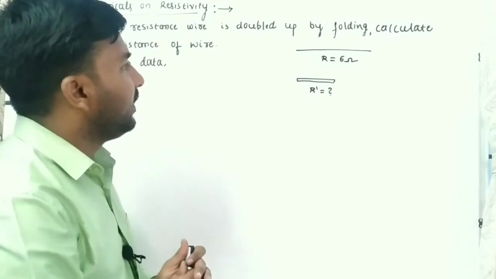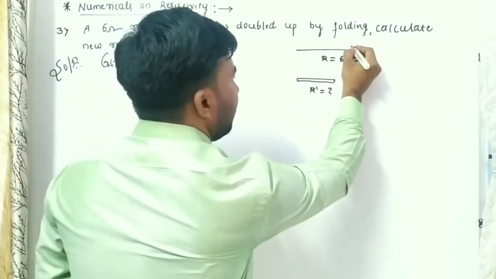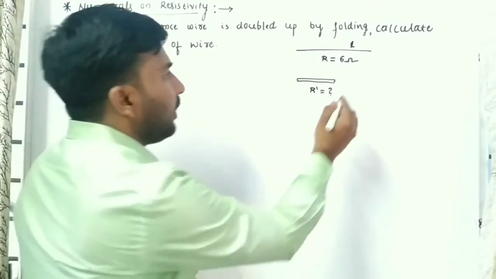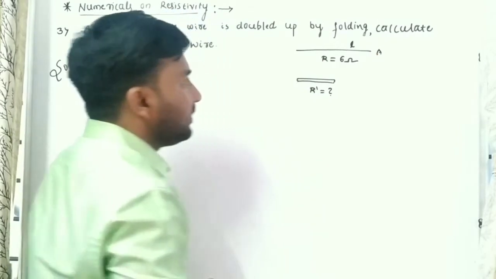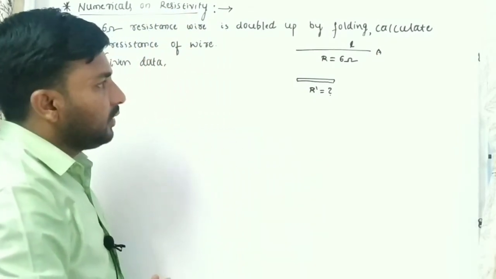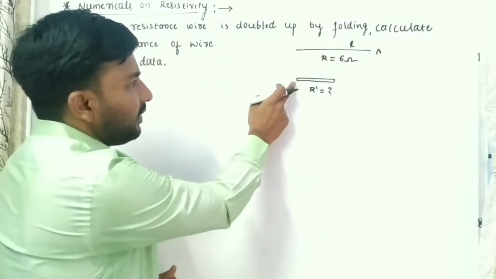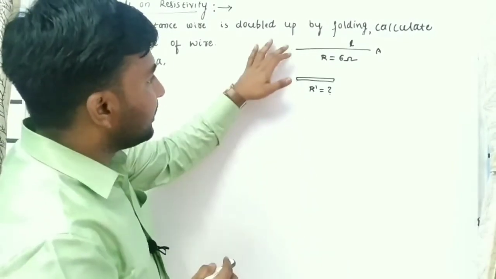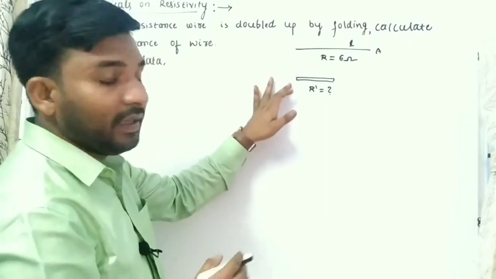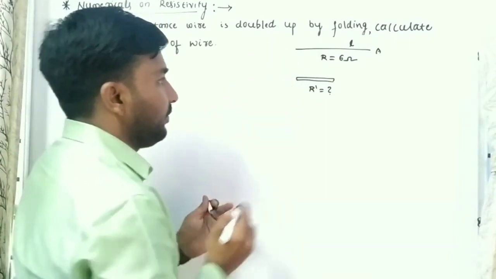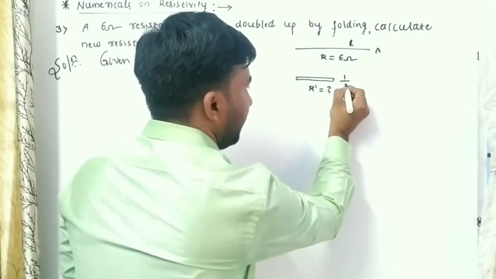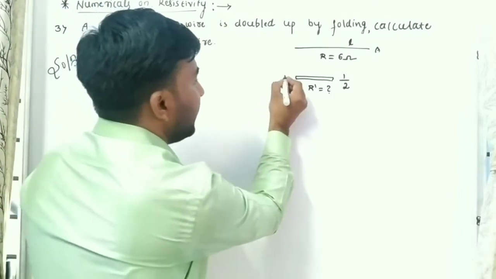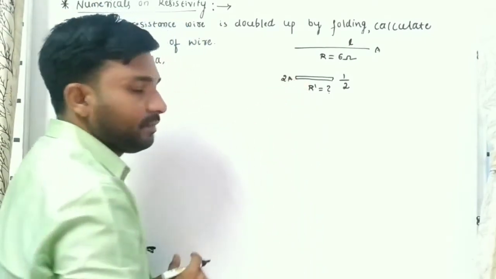Now let us suppose the given wire length we have taken L and the area of cross section is A. Similarly, for the new wire after folding, the length will become half, and the area of cross section will be doubled.